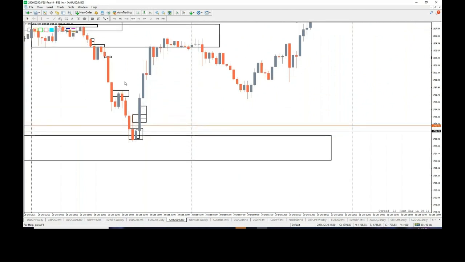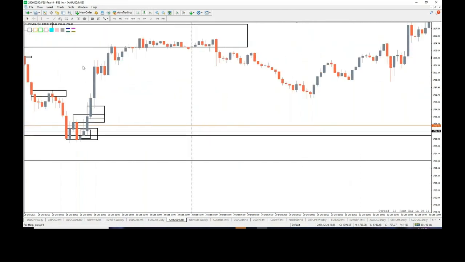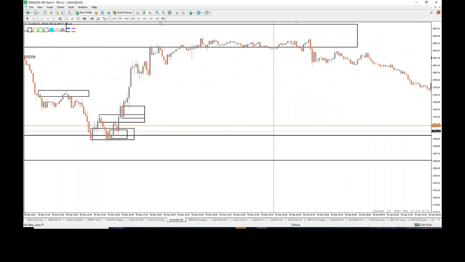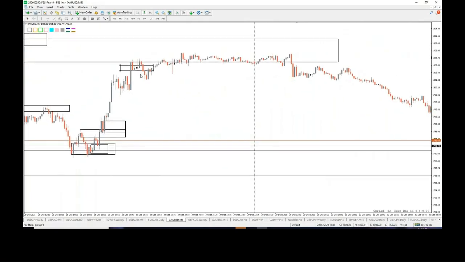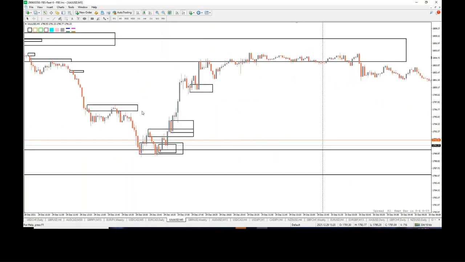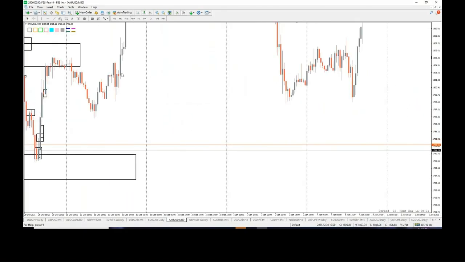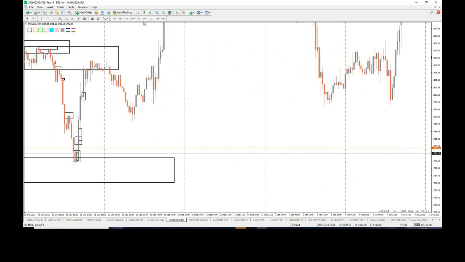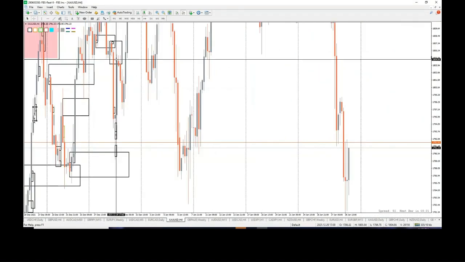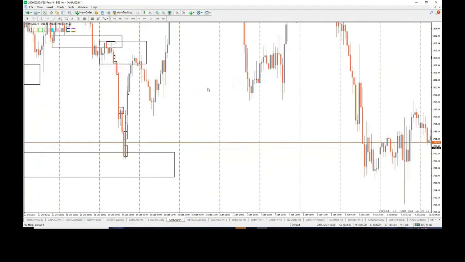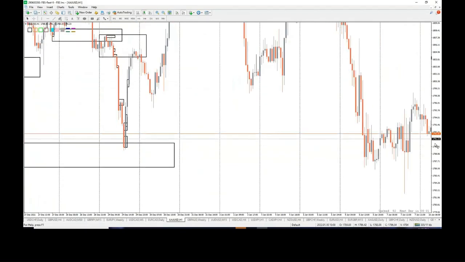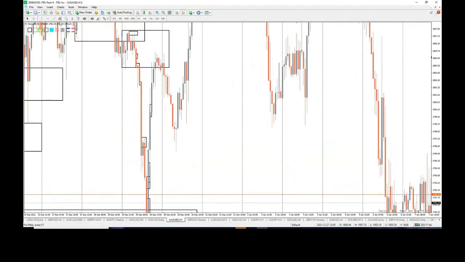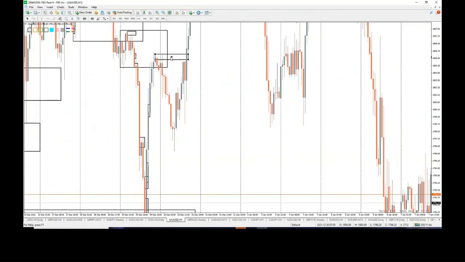We just look for buys. There are a lot of entries you can find, plenty of opportunities. So when the price comes into the H4 zone, H1 or M30 gives a confirmation, and the price might reverse.